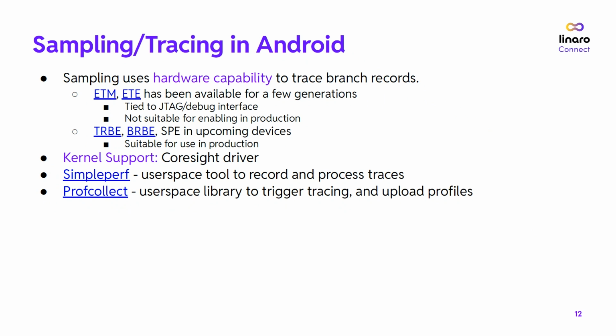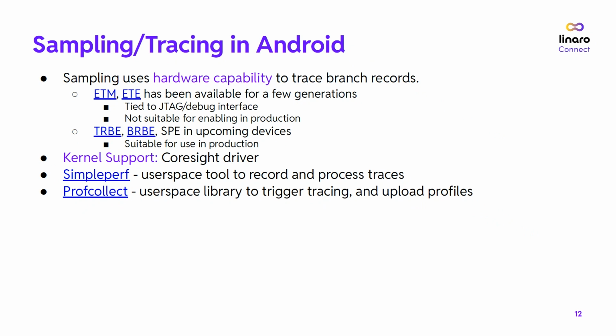They were really tied to the JTAG debug interface, so they were not really ready for production use. Newer extensions like TRBE and BRBE are more suitable for production use cases. In fact, we are working on enabling TRBE in a future Pixel device.